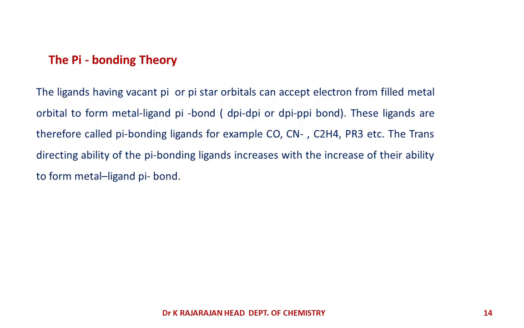These ligands are therefore called pi bonding ligands, for example carbonyl, cyanide, alkene, substituted phosphine, etc. The trans-directing ability of the pi bonding ligands increases with the increase of their ability to form metal-ligand pi bond.